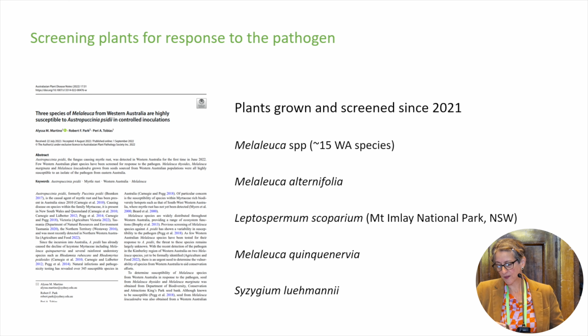We've screened Leptospermum scoparium, Melaleuca quinquenervia, and Syzygium luehmannii. Alyssa published a paper last year on the WA screening that she'd done, and I think there's a whole bunch more that she's done since then.